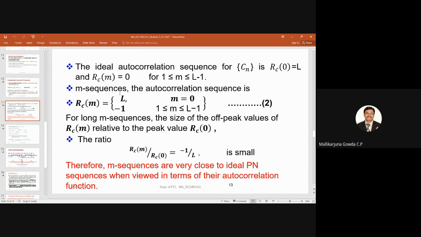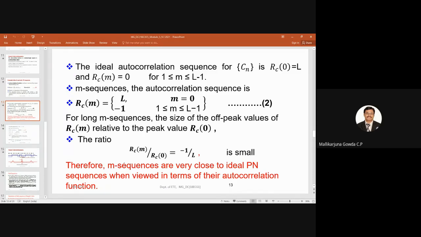For M sequences, the autocorrelation sequence will be RC of M is equal to L when M equals 0, and it is minus 1 when the value of M lies in this range. So for long M sequences, the size of the off-peak values of RC of M relative to the peak value RC of 0, that ratio RC of M to RC of 0, will be equal to minus 1 by L, which is small.